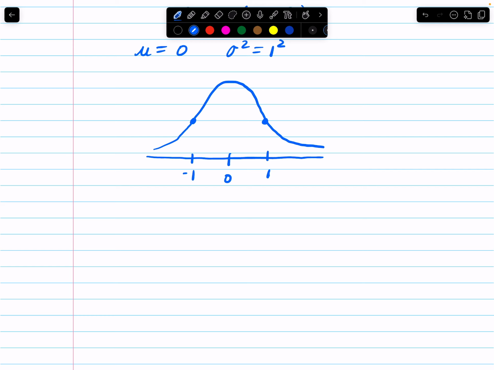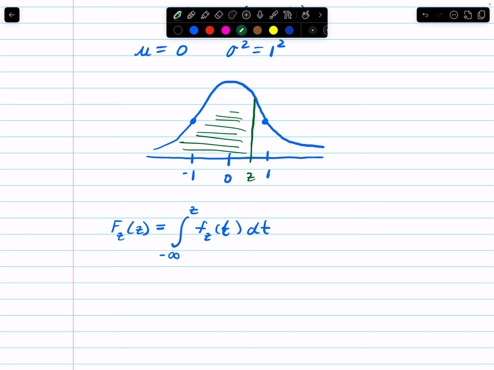As in earlier videos, we try to find the CDF for our particular random variable. Remember, that's the integral from negative infinity up to z of f_Z(t) dt. So if this were z right here, capital F_Z of z is the accumulation of all the probabilities up to that z. Unlike some of the earlier distributions, we have to solve this numerically.